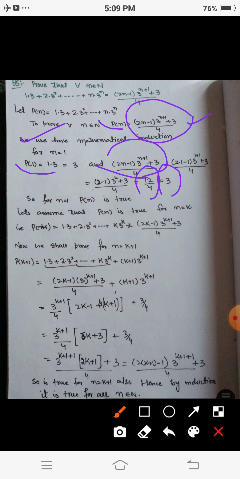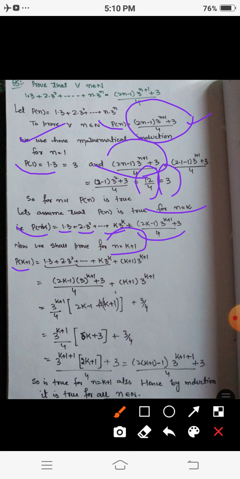Now let's assume that this statement P of n is true for n equals k, that is P of k: 1 into 3 plus 2 into 3 square plus so on to k into 3 raised to power k is (2k minus 1) into 3 raised to power k plus 1, plus 3 upon 4. Now we shall prove this statement for n equals k plus 1.